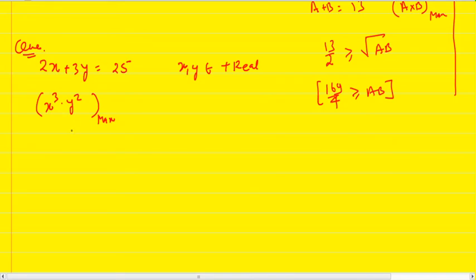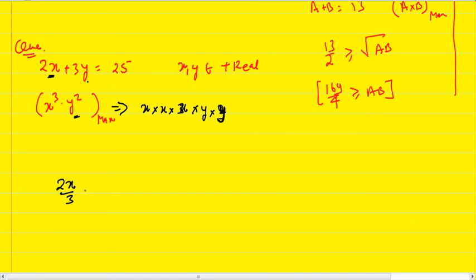The approach here, guys, is, see, this representation means x has been multiplied 3 times. This representation means y has been multiplied 2 times. So it is your job to create 3 terms of x and 2 terms of y. How is that done? Observe, 2x divided by 3.